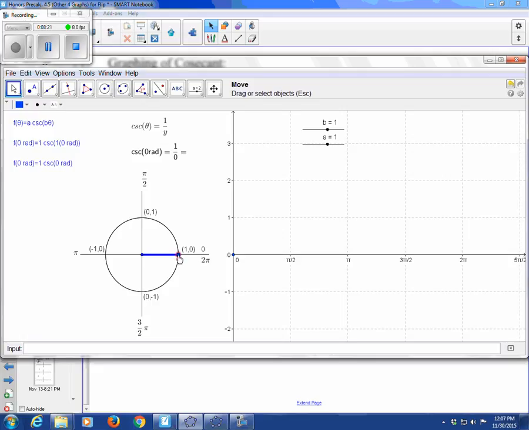As we rotate through the first quadrant, we see really small y values at first, which give us very large outputs. Then those y values get larger and larger in the denominator, all the way up to 1, giving us that min at pi over 2 of 1, for that first quarter.